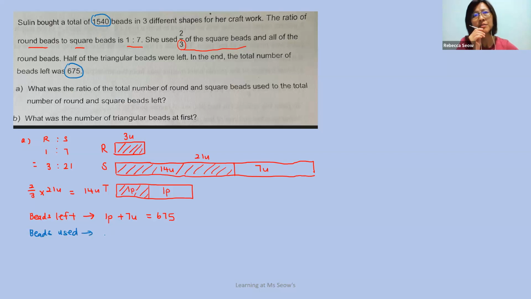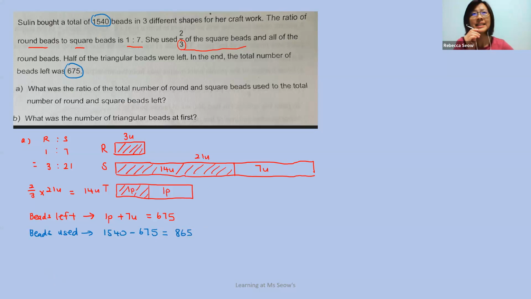So the number of beads used will be 1,540 take away 675, and that would give us 865. So you can see that I'm trying to piece information together with regards to 2 aspects: beads left, beads used. In terms of the beads used, how can we write it down then?